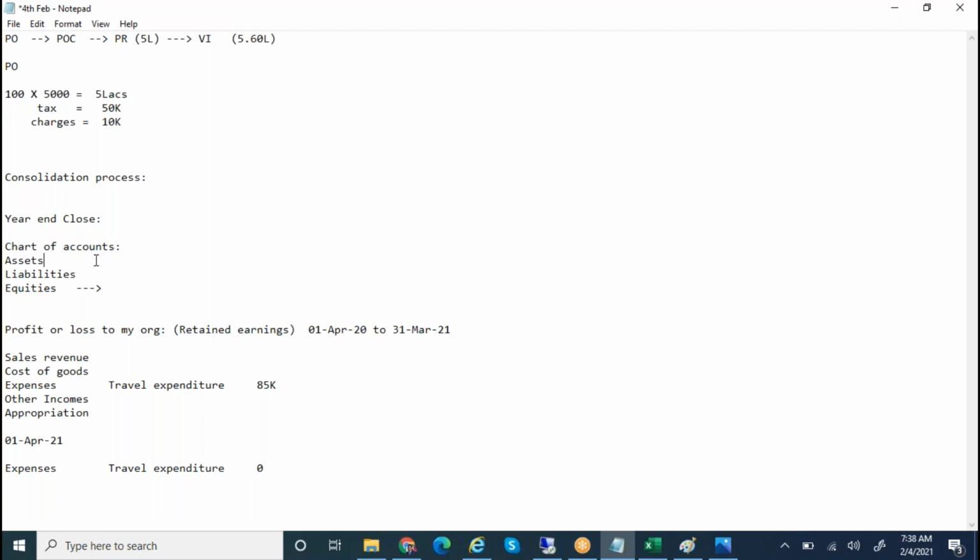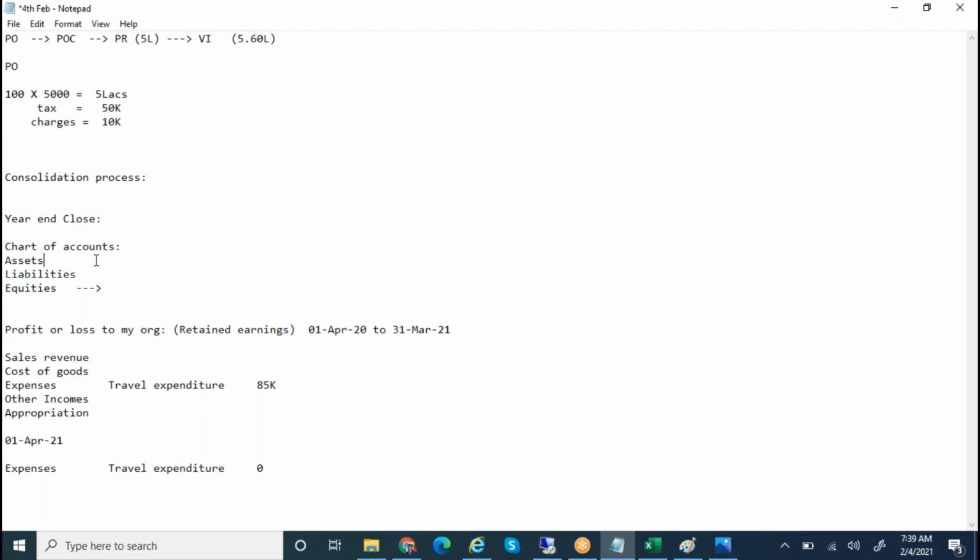Another example, inventory accounts. Suppose I have 5 crores 55 lakhs of inventory available on 31st March. Then on April 1st 2021, the balance should be the same, 5 crores 55 lakhs, whatever it was on the last day, and that should be carried forward.